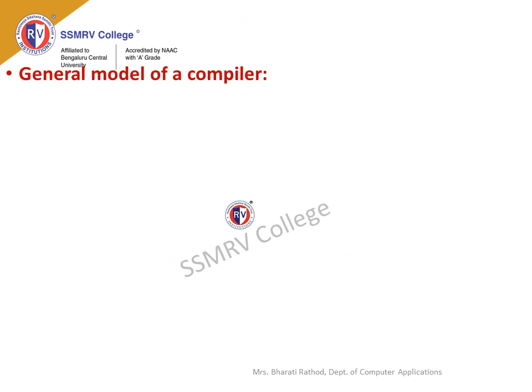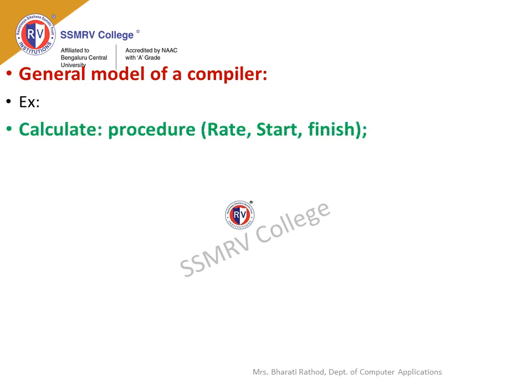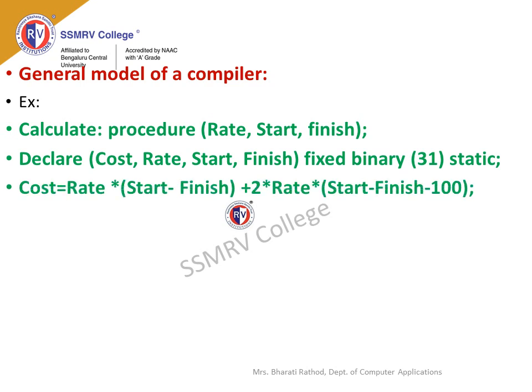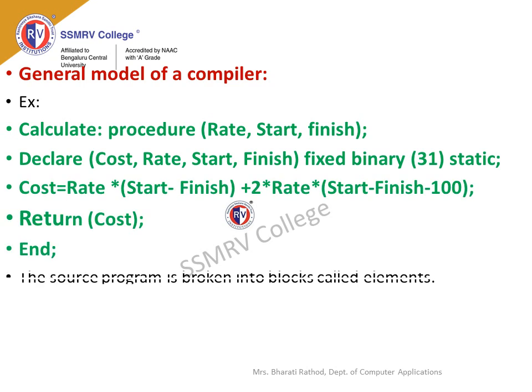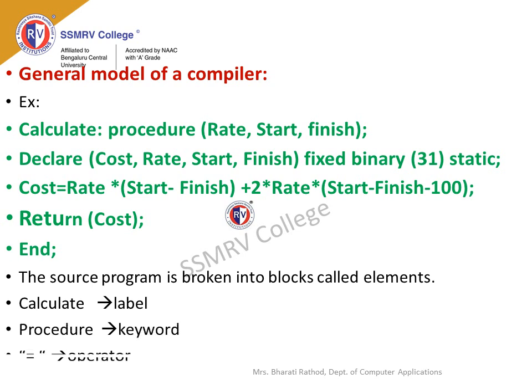Structure of a compiler. General model of a compiler. Consider a PL/I program which is taken as an example to explain the overall task performed by the compiler. Here, calculate is used as a label, procedure is a keyword and equal to is an operator.